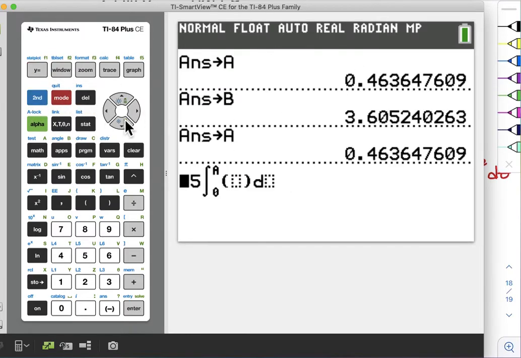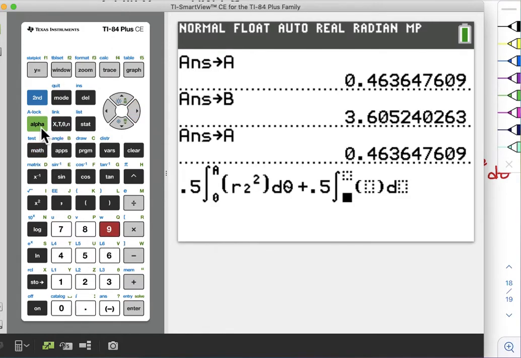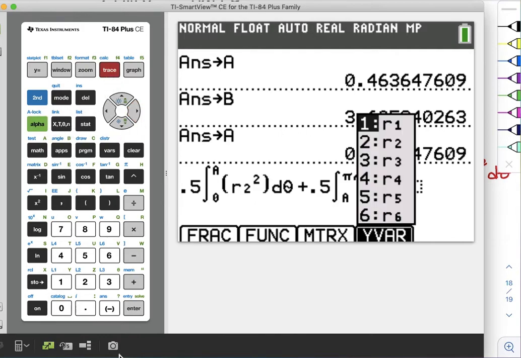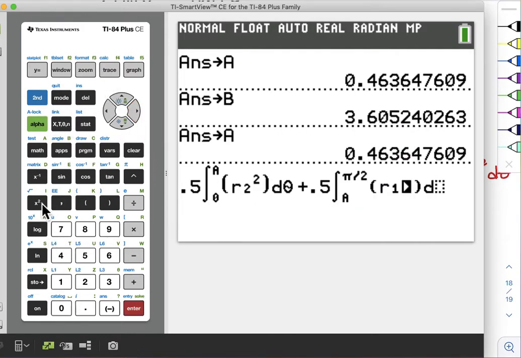So going back inside my integral here, I'm going to go alpha trace R2, square that, d theta, plus 0.5 of math 9. I'm going now from my intersection point to pi over 2. I want to use those exact values. Pi, there we go. And now that's my first curve, because I typed the cosine curve in first. We're going to square that.